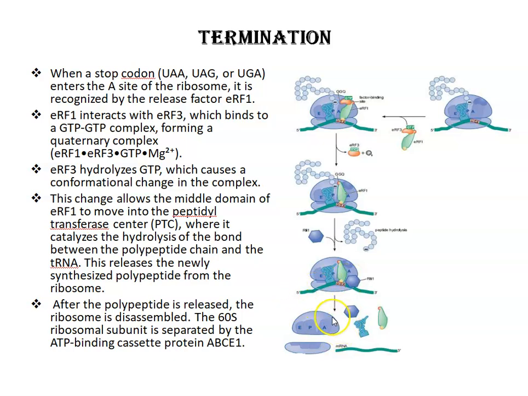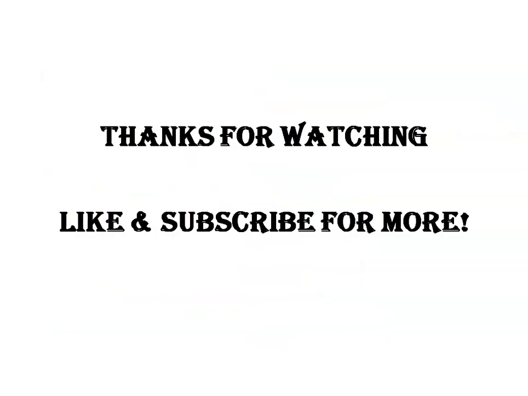Now just look at the last part of this diagram. After the polypeptide chain is released, the ribosome is disassembled, and the 60S ribosomal subunit is separated by the ATP binding cassette protein ABCE1.